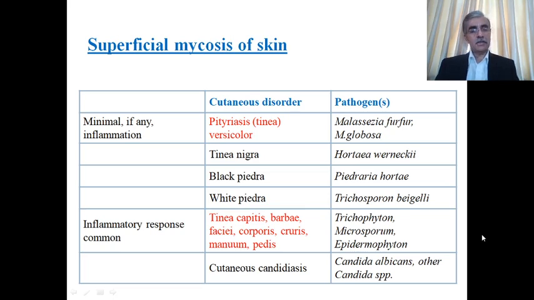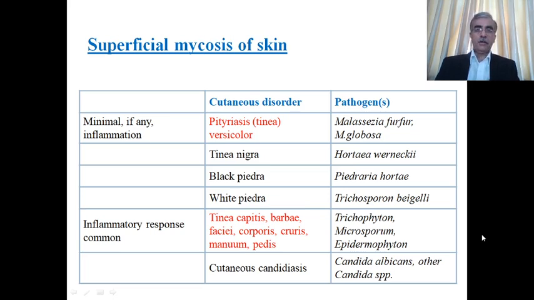Then when the lesions are inflammatory, they are red, the causative agents are Trichophyton, Microsporum, and Epidermophyton, and all these three constitute dermatophytic infections of skin in the form of tinea capitis, tinea barbae, tinea faciei, tinea corporis, tinea cruris, tinea manuum, and tinea pedis.